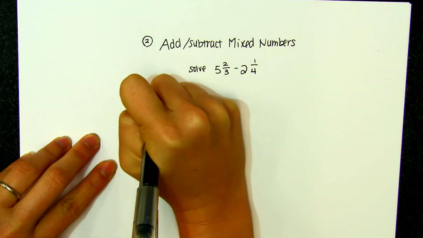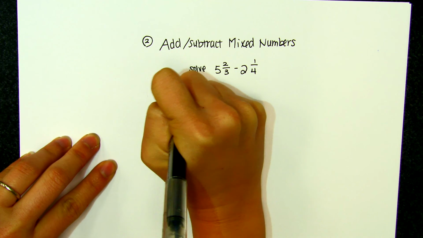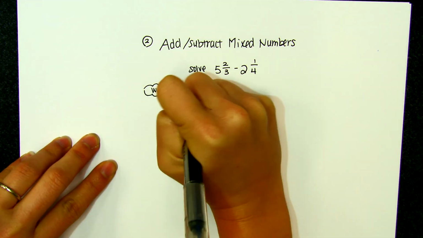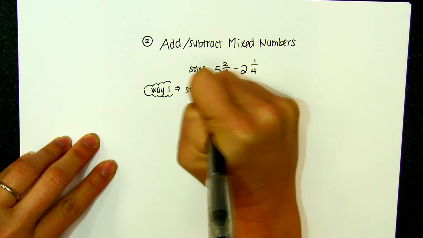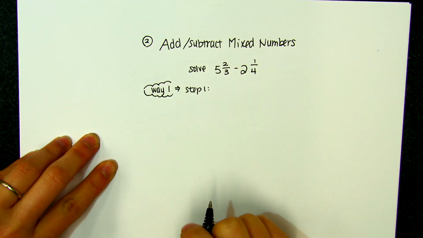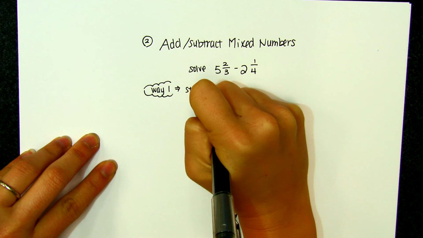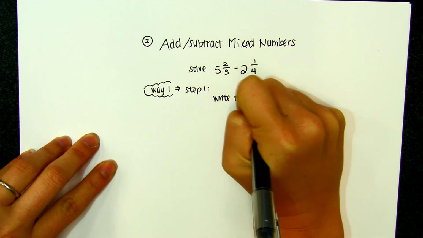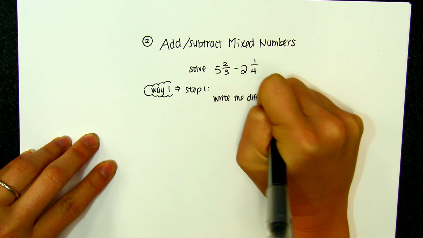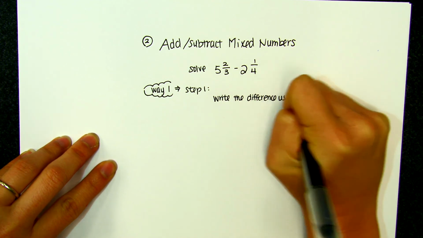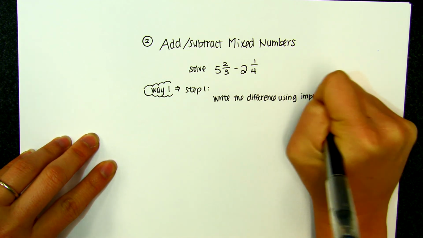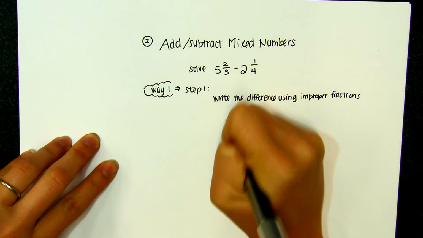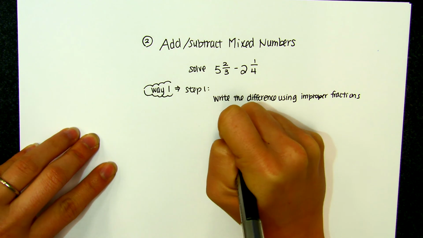Let's do way number 1. Step 1 is write the difference using improper fractions. If you're not familiar with improper fractions, I'm going to briefly talk about it, but if you need help, come and see me. So I'm going to rewrite 5 and 2/3.